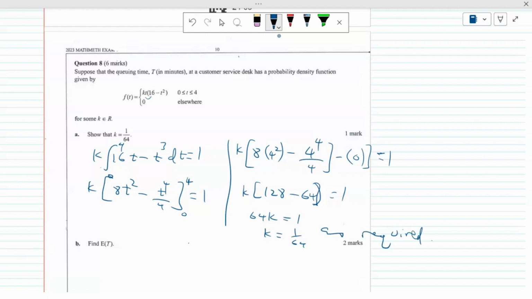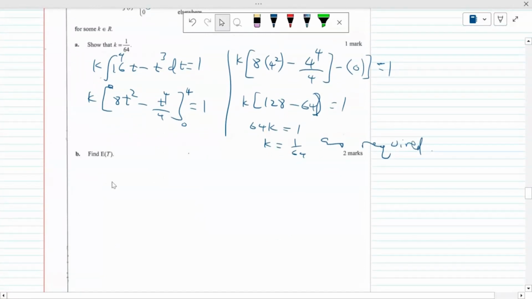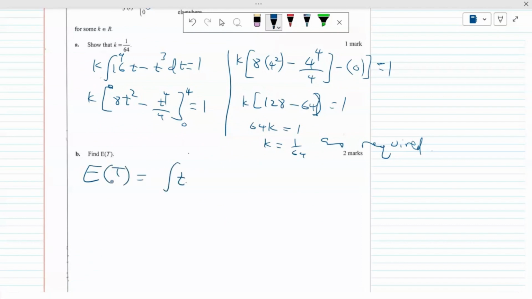All right, let's move on to the next one. The next part is asking us for the mean time. That's going to be t. The formula says the integral of x times f(x) dx from negative infinity to positive infinity.